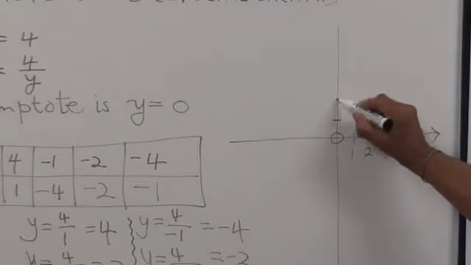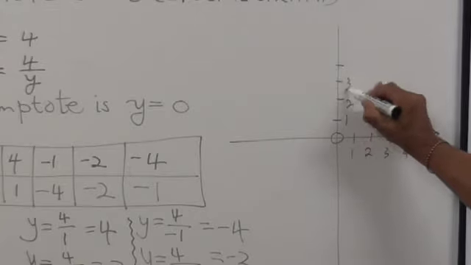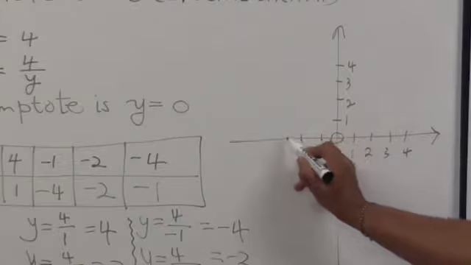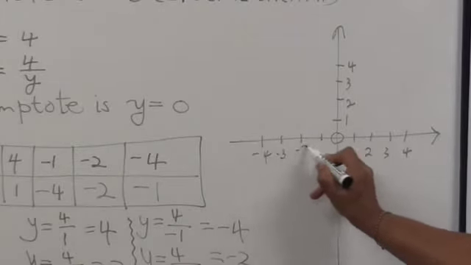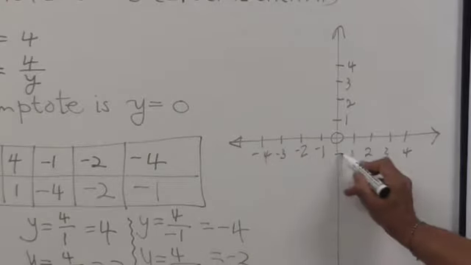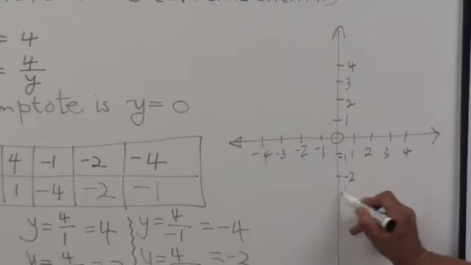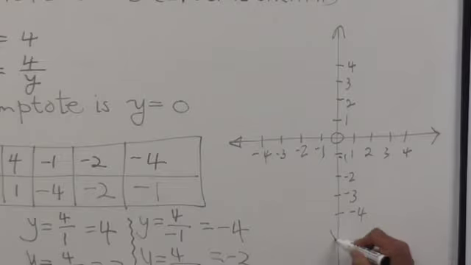You need negative 1, negative 2, negative 3, negative 4. And you need negative 1, negative 2, negative 3, negative 4 here.